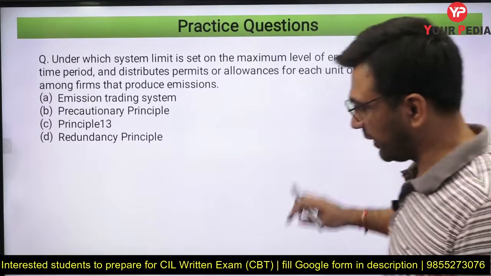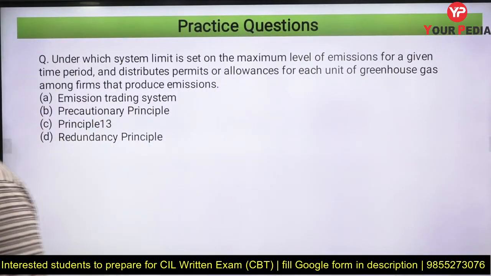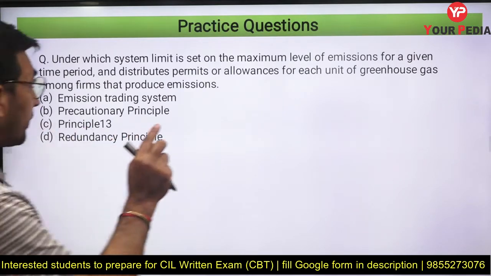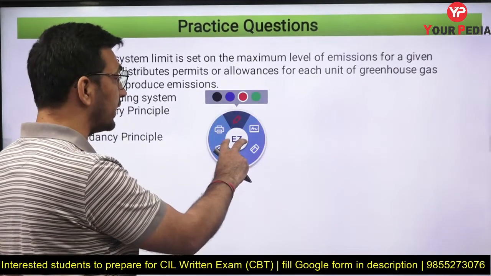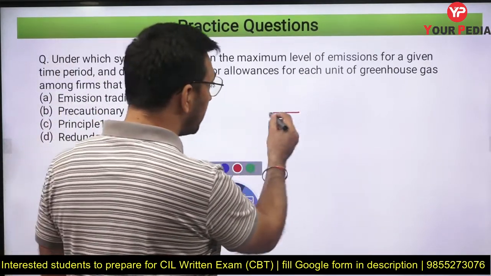Just read this statement and try to answer. What it says: under which system is a limit set on the maximum level of emissions for a given time period, and permits and allowances for each unit of greenhouse gas are distributed among firms that produce emissions? If you remember, I had told you that you put a cap for each organization.